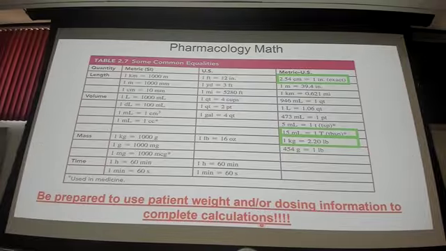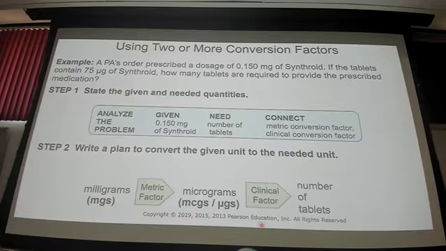All right. Now a couple more calculations. So you guys are prescribing a dosage of 0.150 milligrams of T4 Synthroid in tablet formulation that are contained in 75 microgram tablets.